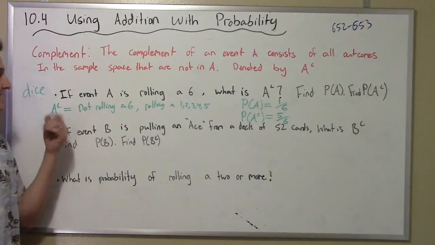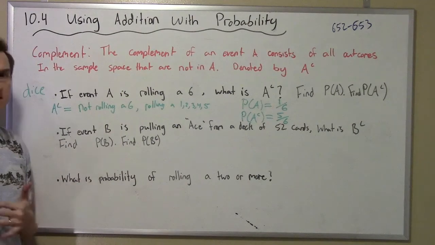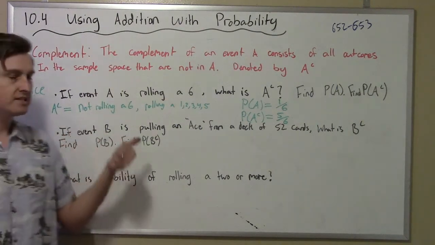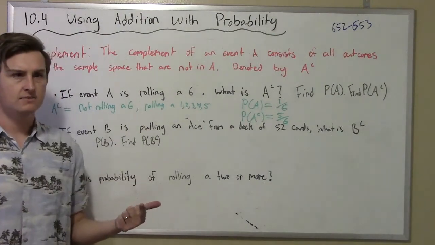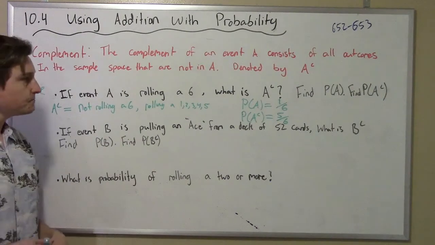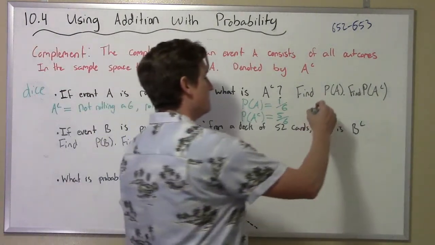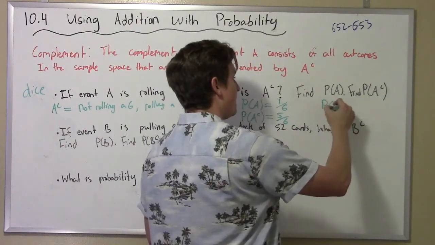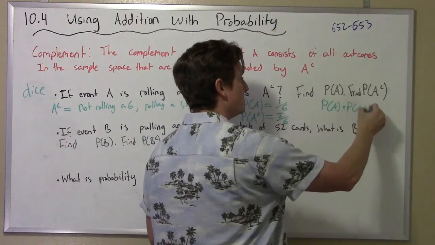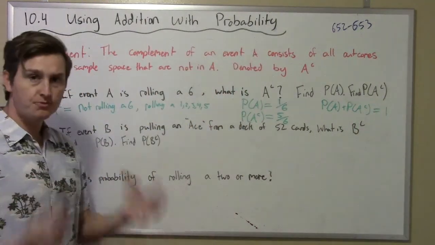The other idea is that these two events, A and A complement, are always going to be disjoint, or mutually exclusive. You can't roll a 6 and not roll a 6 in the same roll. It doesn't work like that. So they have to be disjoint, and they add to 1. The probability of A plus the probability of the complement of A is always going to be 1, and 1 represents 100%.